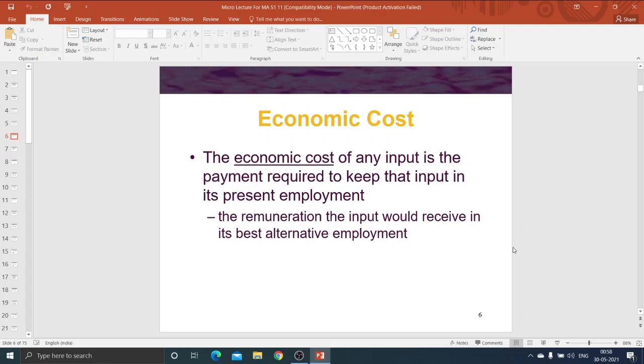So what is actually an economic cost? The economic cost of any input is the payment required to keep that input in its present employment. For us, the remuneration the input would receive in its best alternative employment is what is called the cost.